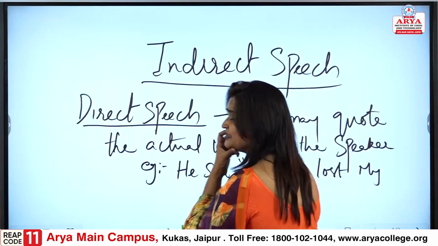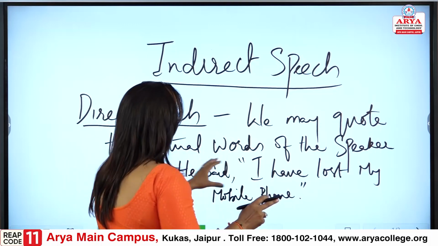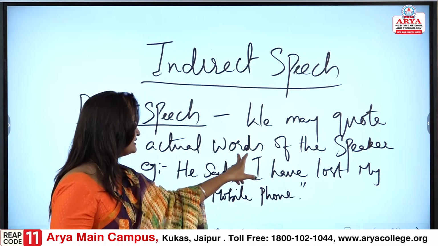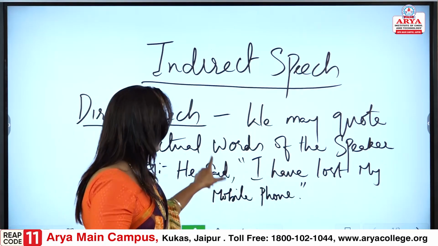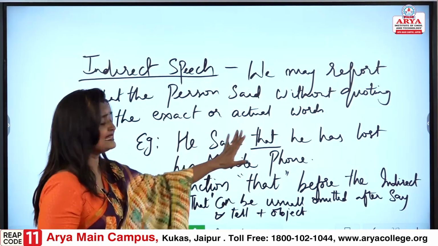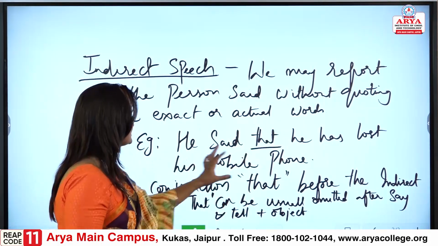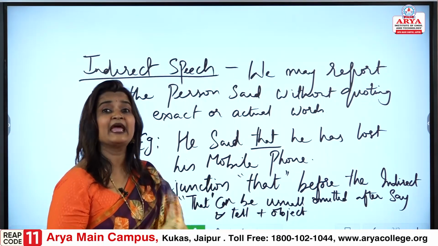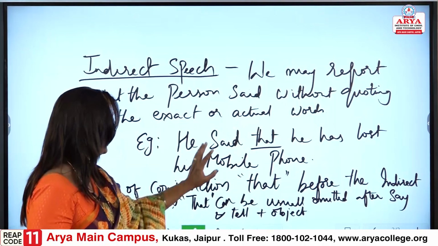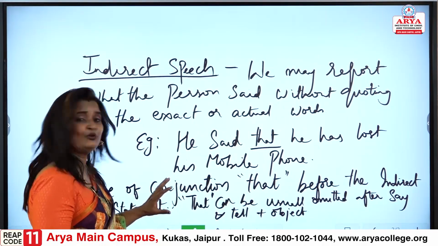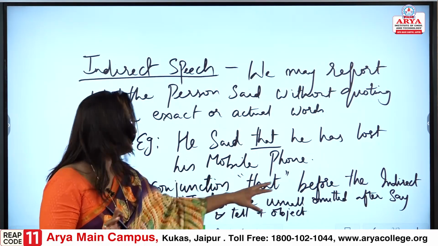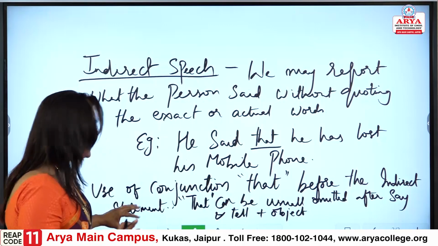See, yes, so first when we are looking into the direct statement, the actual words, "he said, I have lost my mobile phone," it is in inverted commas. But when we are using indirect speech, "he said that he has lost his mobile phone." So again the conjunction "that" is used. So we need to understand one thing, and that is the use of conjunction "that" before the indirect statement.